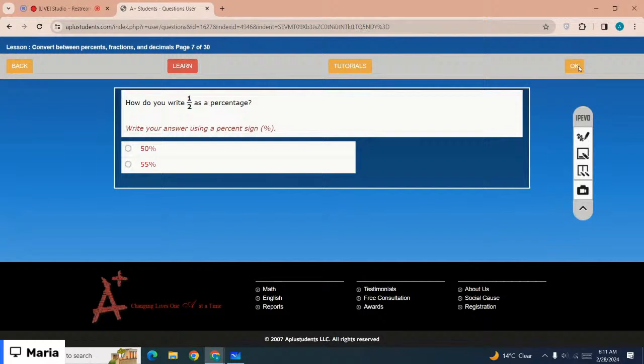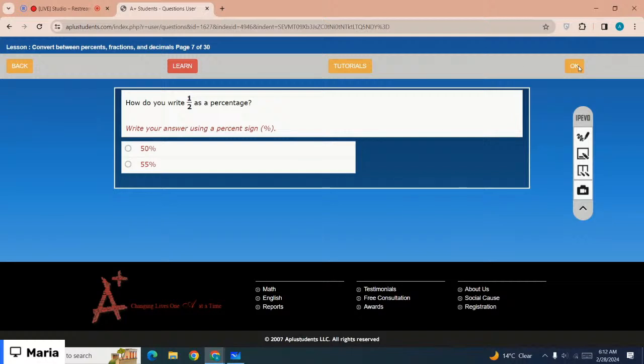How do you write 1 by 2 as a percentage? So which is the correct option? The correct option is 50%.